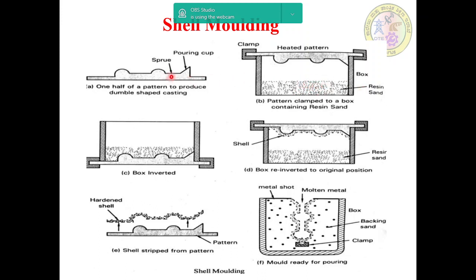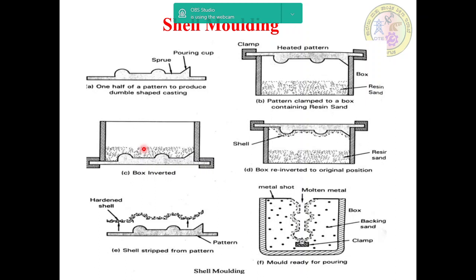Afterwards, the metal pattern, that is nothing but aluminum, is heated to around 200 to 250 degrees centigrade and coated with a releasing agent, that is silicon grease, and then only one half of the pattern is used. And then, after heating to 200 to 250 degrees centigrade, now you can revert, the box is inverted.